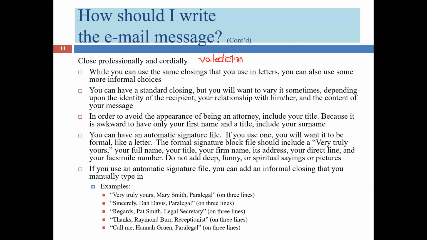You're probably going to use the same sign-off in letters as in emails. And here again, this is going to be part of your signature block. You're not going to be reinventing the wheel. You'll have this every single time. You can consider somewhat more informal choices, but why would you want to? Maybe on your school account, okay, fine. But on your professional account, there will be times that you will want to use very truly yours.